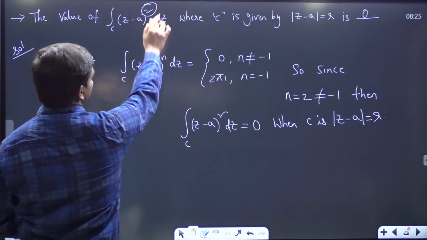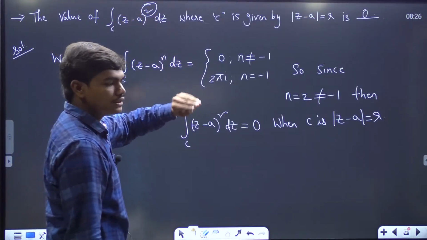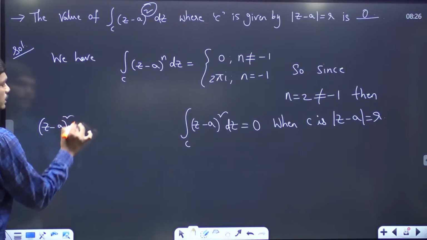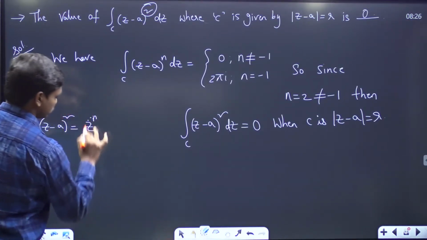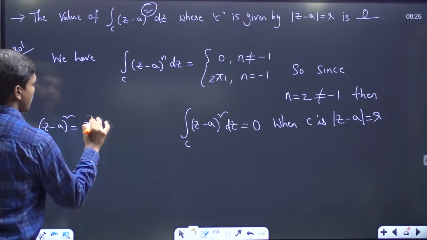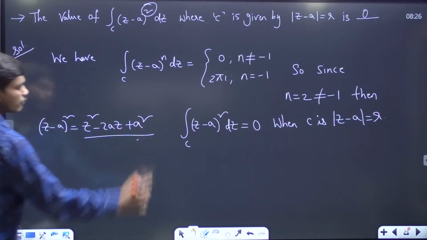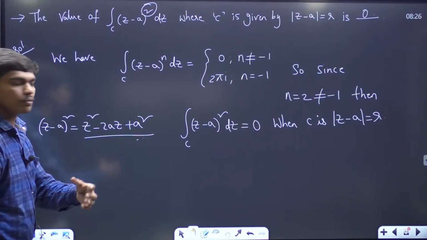So if you see this question, this function is analytic at every point because z minus a whole square, if you simplify z minus a whole square, you will get some polynomial function in terms of z square minus 2az plus a square. This is a polynomial function in terms of z. So polynomial functions are continuous and differentiable at any point in general.